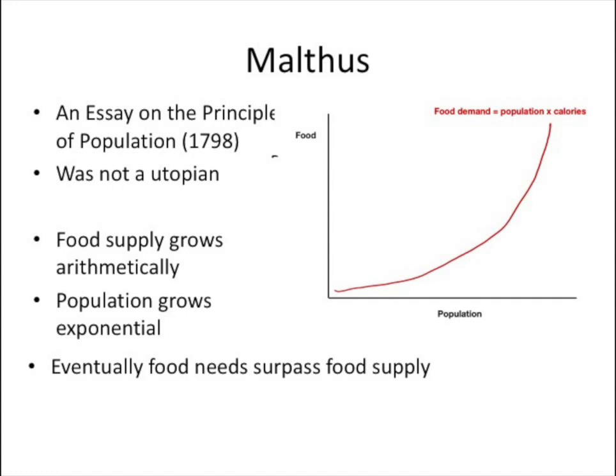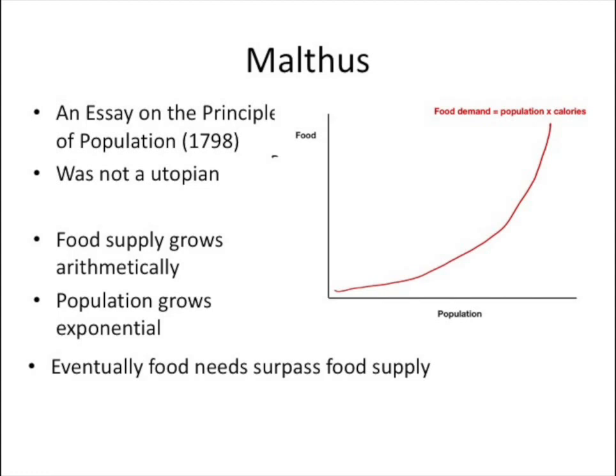Malthus believed, and this is true up to this point, that population was growing exponentially. You see that depicted on the red line here, exponential. Population is growing at an ever-increasing faster rate. The axes of the graph that red line is on are population on the horizontal axis and food demand on the vertical axis.